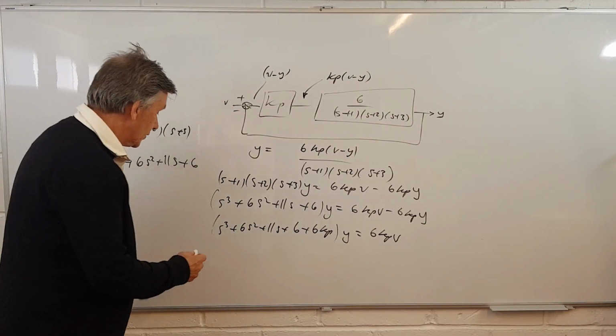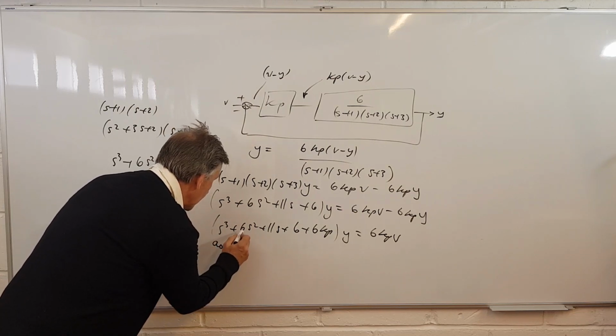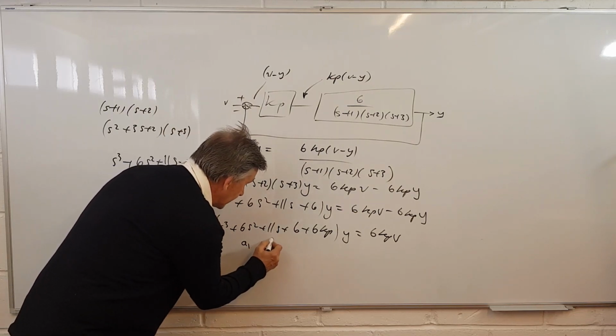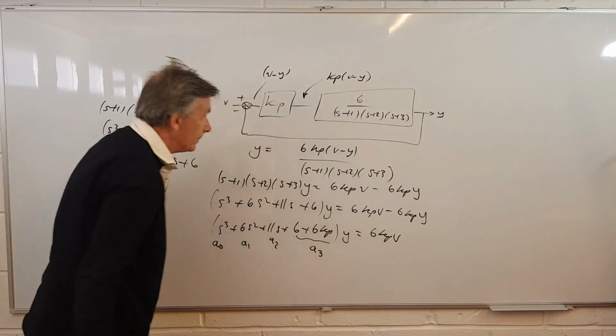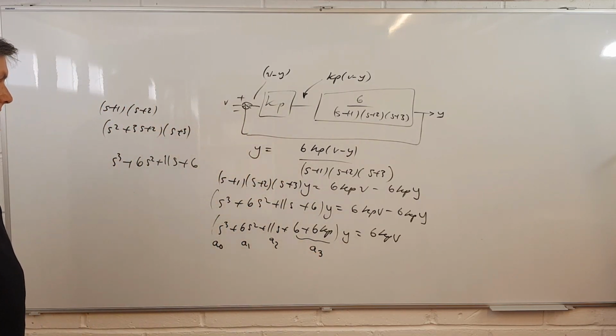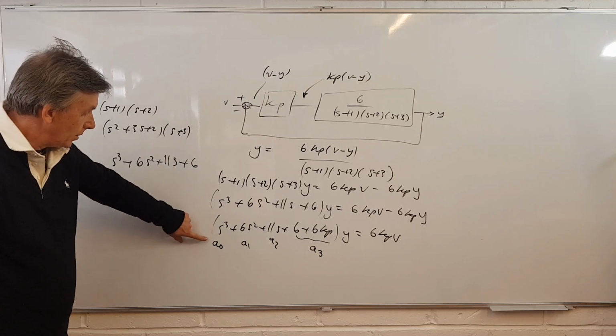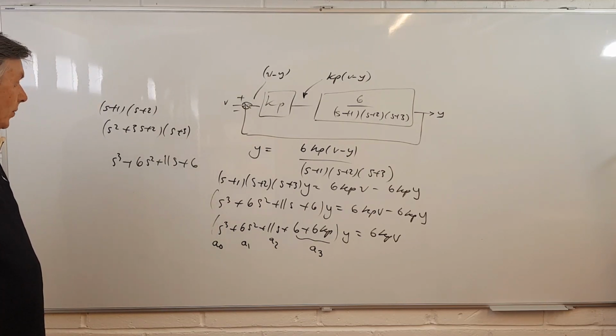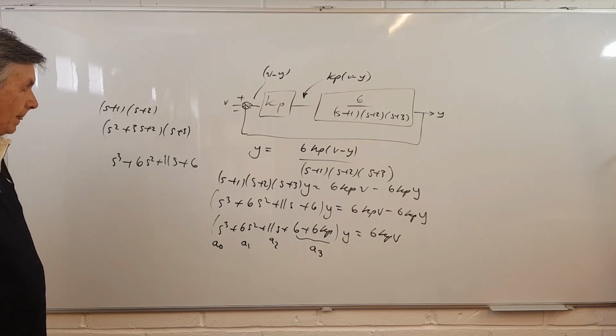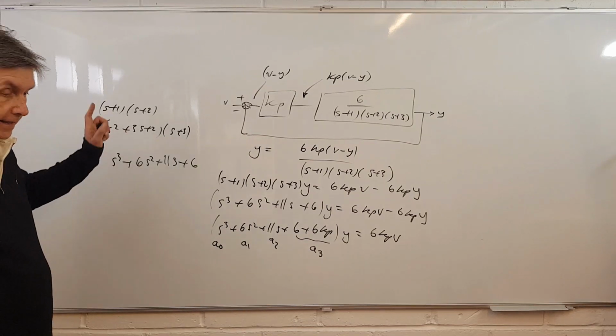So this first coefficient is A0, this one is A1, this one is A2, and that term there is A3. So the next thing we'll have to do is put these parameters into the Hurwitz stability test. In order to do that, we'll have to clean the board slightly.